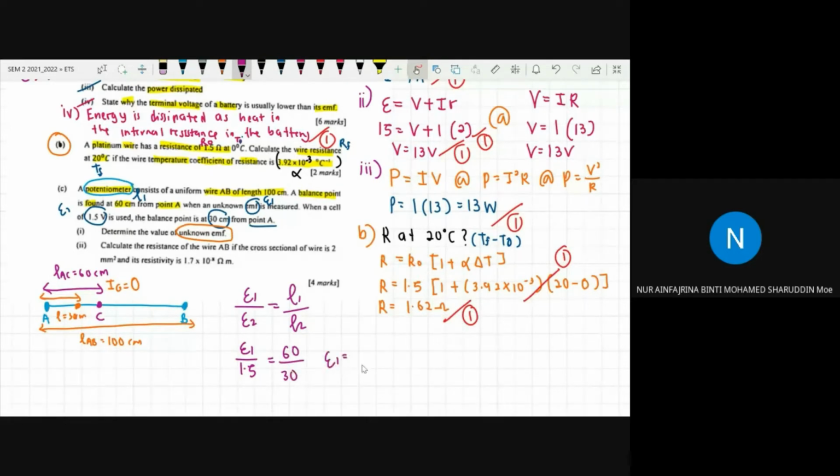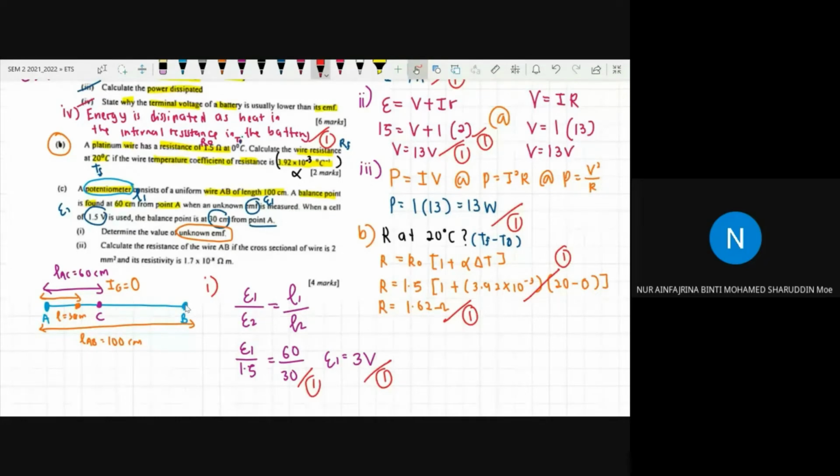So awak akan dapat your EMF 1 3 volt. That's all. Okay, boleh? So dekat sini awak akan dapat 1 markah dan 1 markah. Itu untuk question C1.